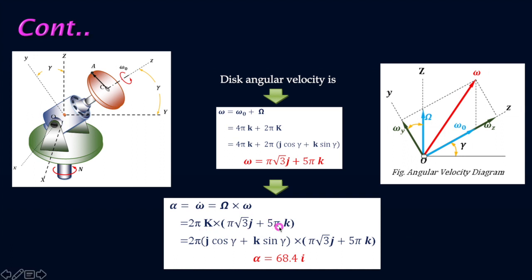So going through the cross product, we get alpha equals 68.4 i. The direction of this alpha is along the small x-axis, whereas no velocity component was in the direction of x, but the angular acceleration is in the x direction.